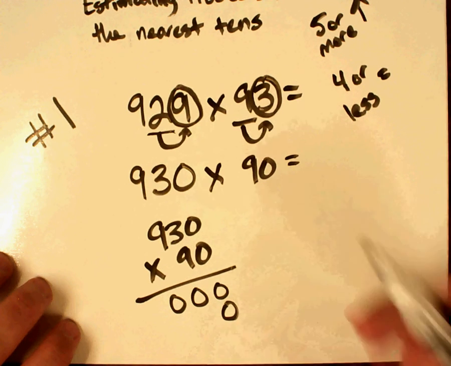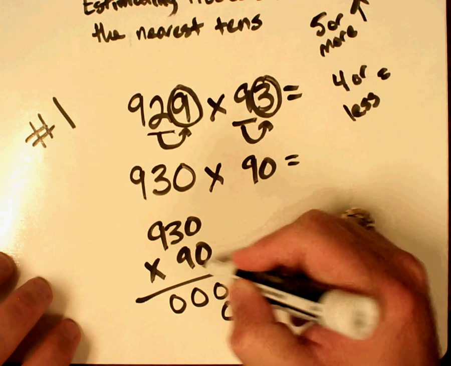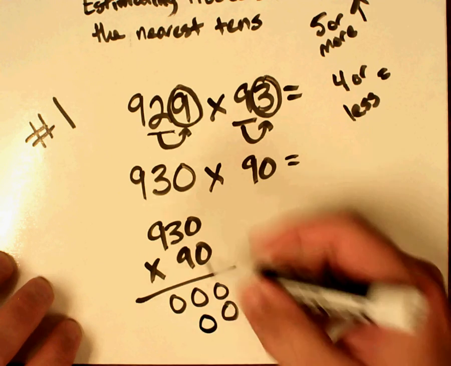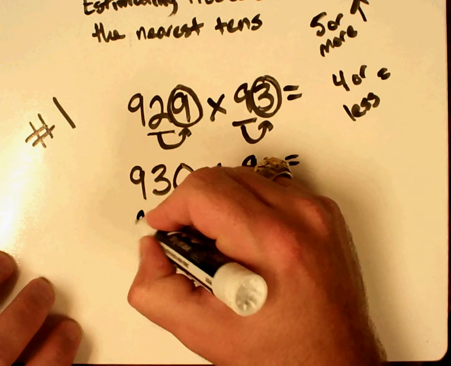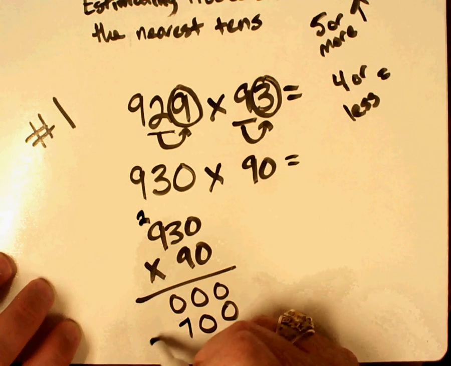All right. So we've got our placeholder here because we're multiplying by 90. So then I'm going to go 9 times 0 is 0. 9 times 3 is 27. Carry my 2. 9 times 9 is 81. Plus 2 gives me 83.